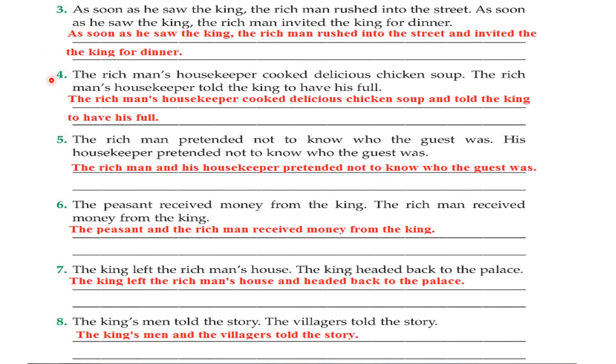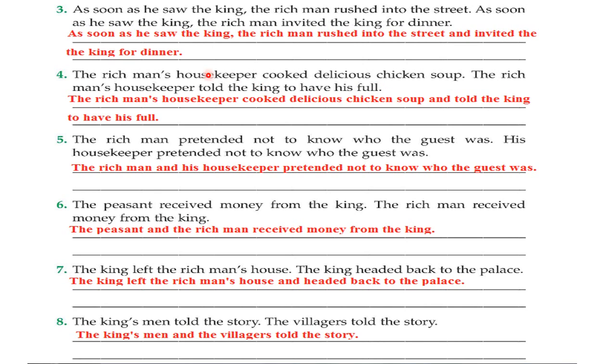Sentence number 4. The rich man's housekeeper cooked delicious chicken soup. The verb is cooked. Who cooked delicious chicken soup? The rich man's housekeeper. In the second sentence, the rich man's housekeeper told the king to have his fill.